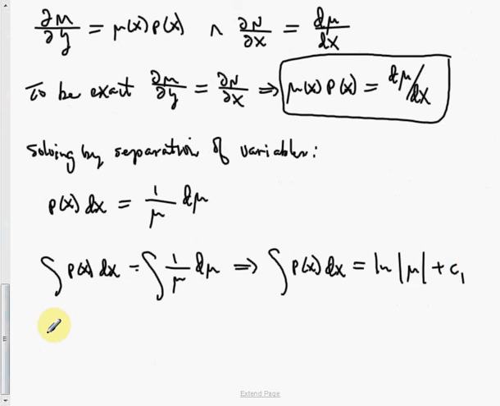And so here I have, if I can just write this first, the natural log of the absolute value of mu plus c sub 1 is equal to the integral of P of x dx. Add a page. Just rewrite that here. This is the natural log of the absolute value of mu plus c sub 1 is equal to the integral of P of x dx.